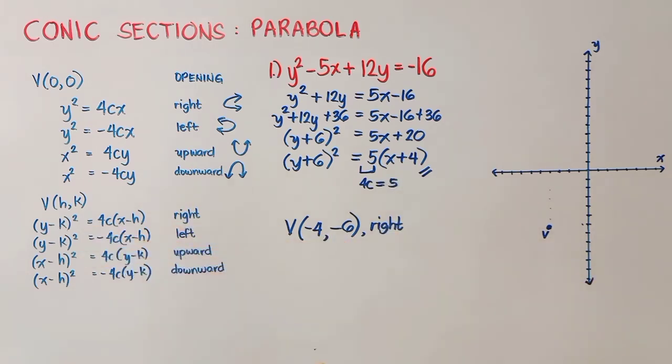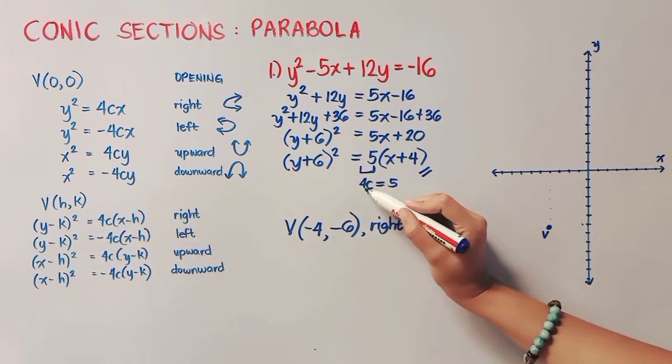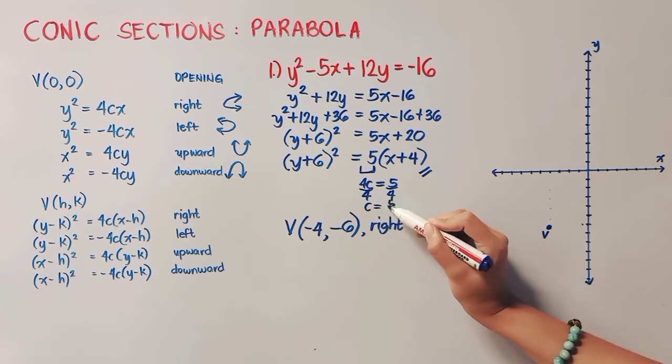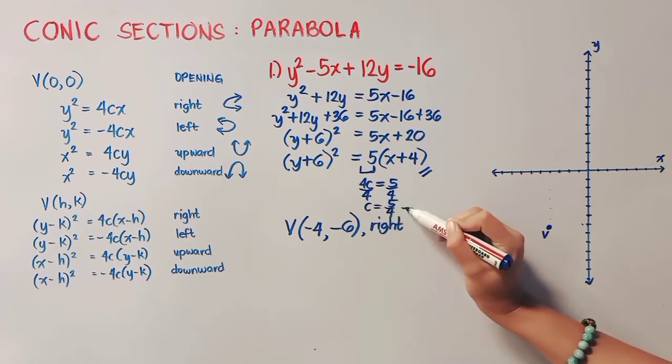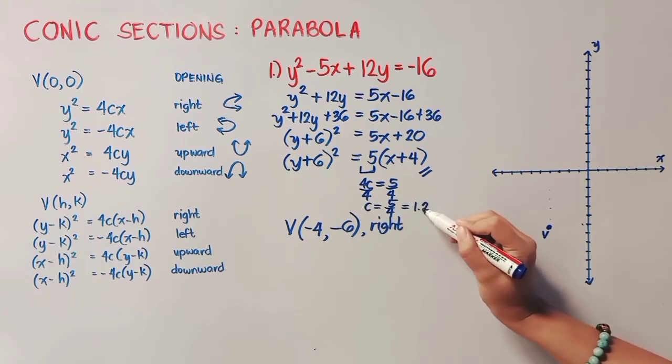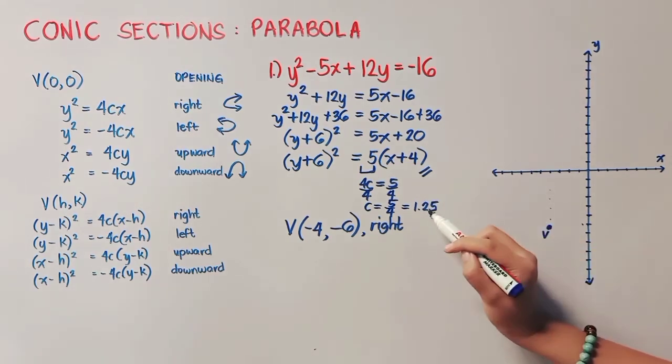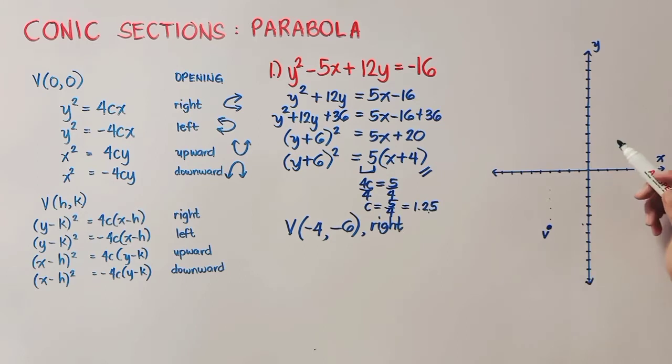As you can see in the form, so we will divide both sides by 4. Therefore, our c is 5 over 4, or in decimal, that is 1.25. So from the vertex, we will count 1.25 units to the right.